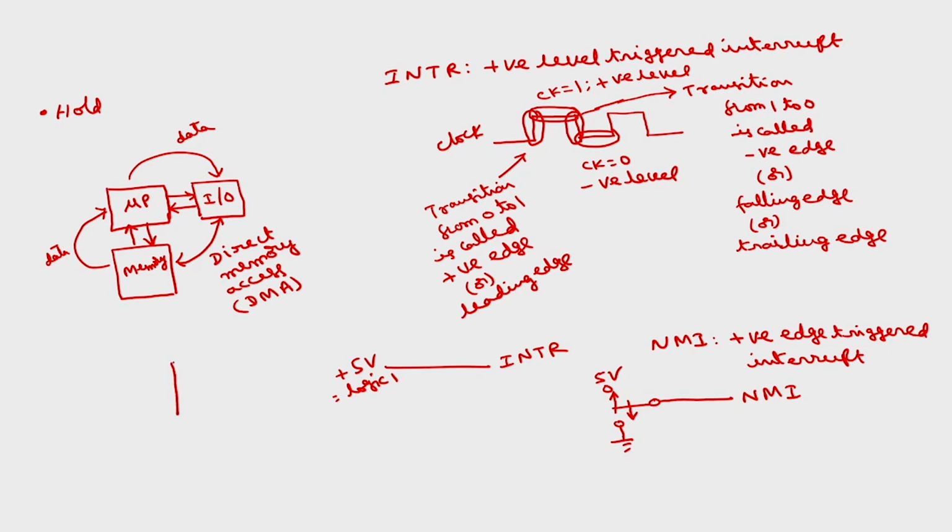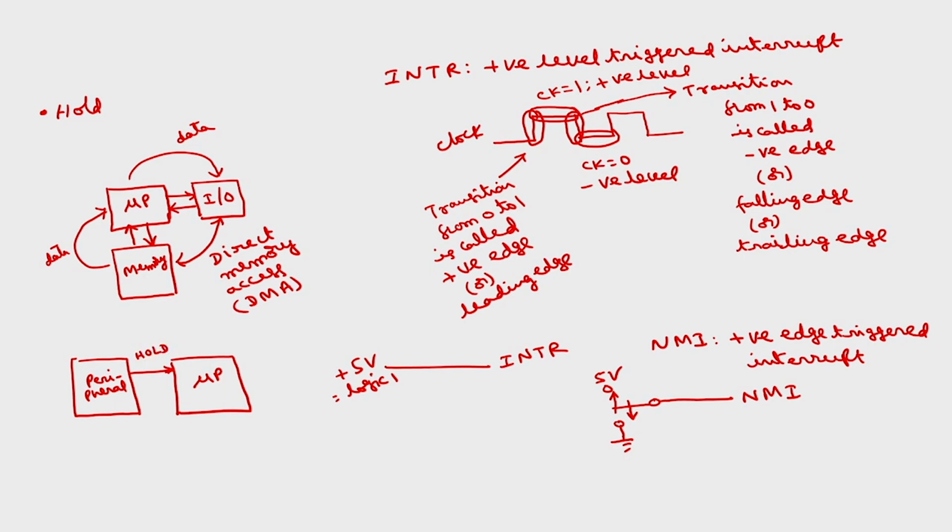So, if any peripheral device wants to make a DMA data transfer, this is the microprocessor, and this is any peripheral, which can be either memory or IO. First it has to take the control of the address and data buses of the microprocessor. For that, the peripheral will request the microprocessor through a signal called the hold signal.